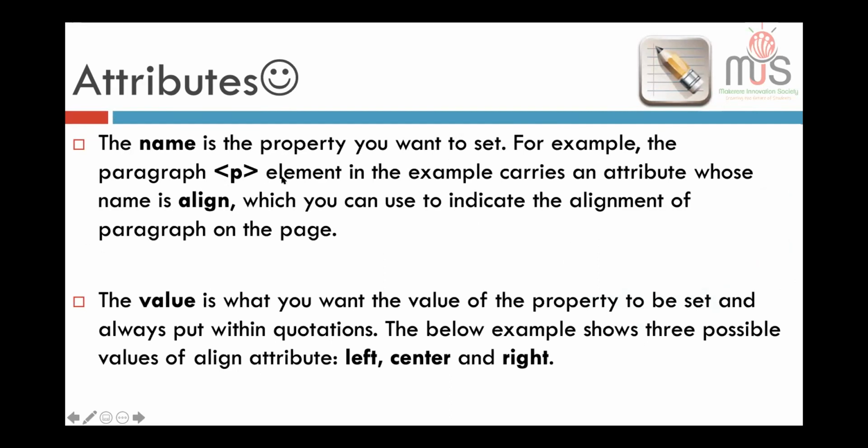For example, the paragraph element in the example carries an attribute whose name is align. Aligning is like setting a point where your work is supposed to be, maybe leaving some space from the margin, which you can use to indicate the alignment of a paragraph on the page.